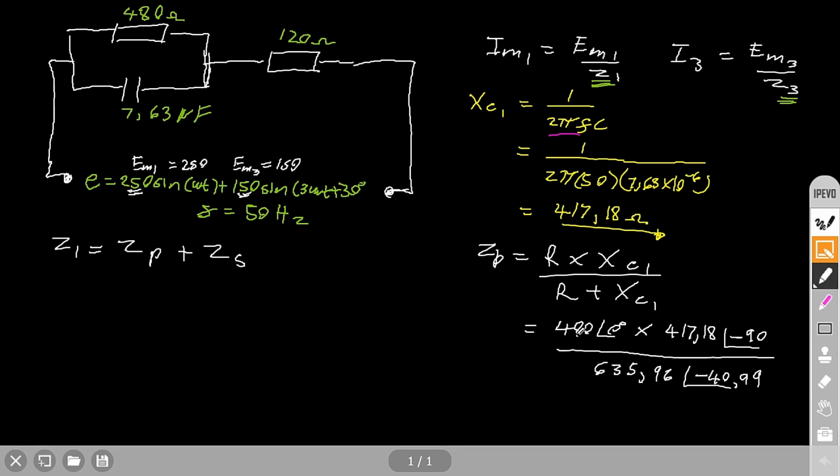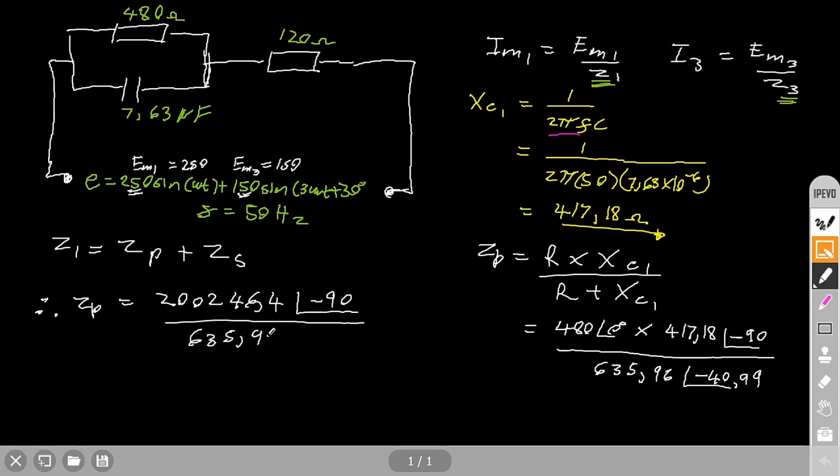You multiply 480 by 417.18. I'll just write it here, guys. So therefore our ZP is equal to 200,246.4 at an angle of negative 90 over 635.96 at an angle of negative 40.99.